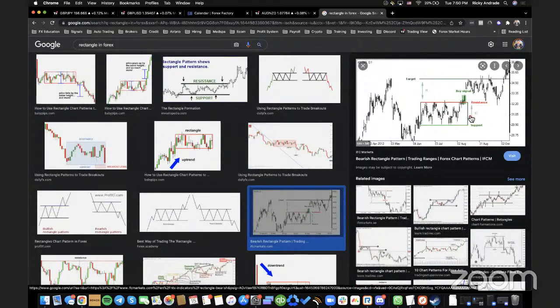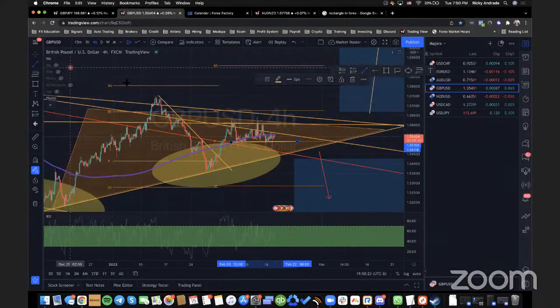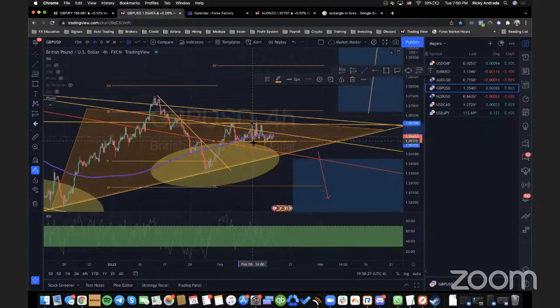Support, resistance, this is a level, this is the buy signal here, and we know the target based off this distance here. So looking at here, depending on where the breakout happens, right now it hasn't broken out yet.